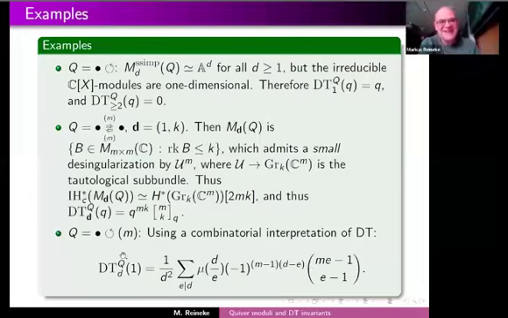I didn't discuss this final example where you have the M loop quiver. So this is a single vertex with M loops attached, and then the value of the DT polynomial at 1 is this very complicated Möbius inversion. So you see 1 over d squared, and then you do a Möbius inversion over certain signed binomial coefficients. And this is quite surprising.